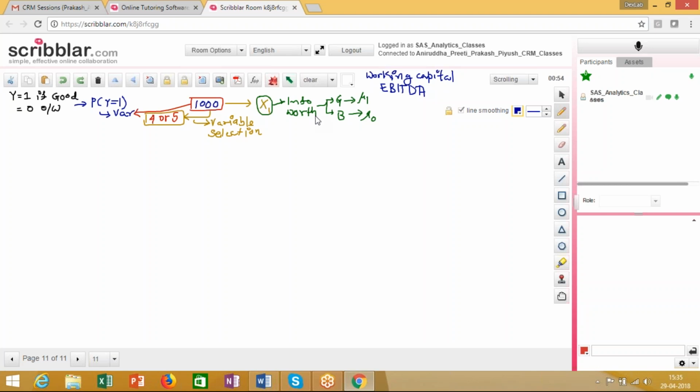So, what exactly is EBITDA? EBITDA is nothing but the earnings. It gives us an idea about the profitability of the business of the firm, how profitable the company is. Therefore, EBITDA should ideally give us a very clear idea about the performance of the company.